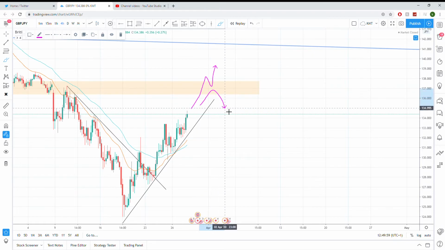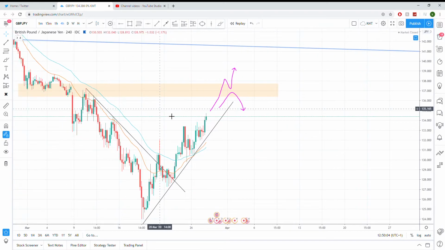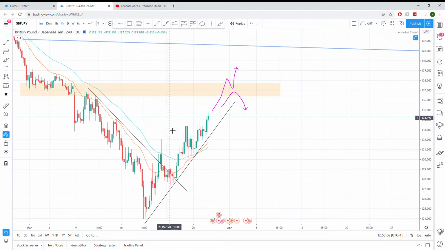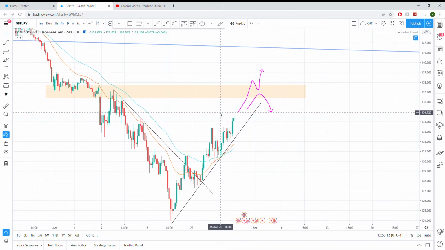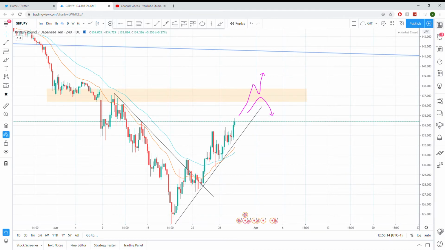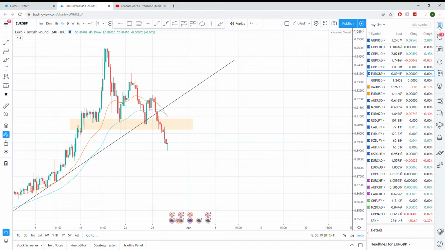And if we find a momentum change here, we could be looking at a halt, because obviously we've been pushing up. But I still feel like we're comfortable in the pound, so we could start to see a bit more bullish action in this pair as well. So just again, focus your attention on that zone.